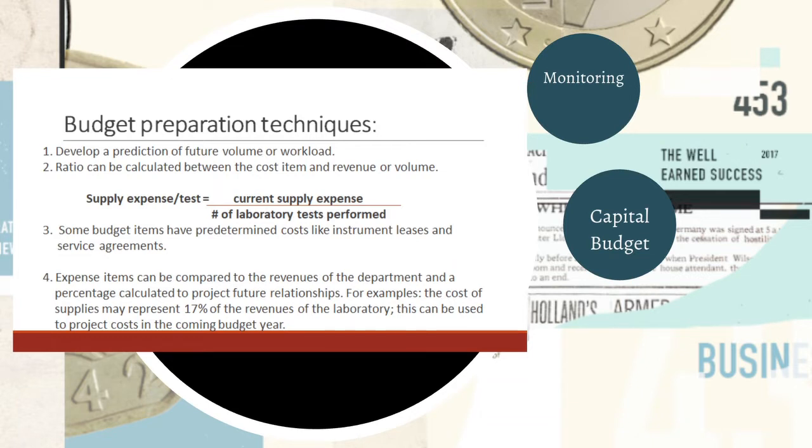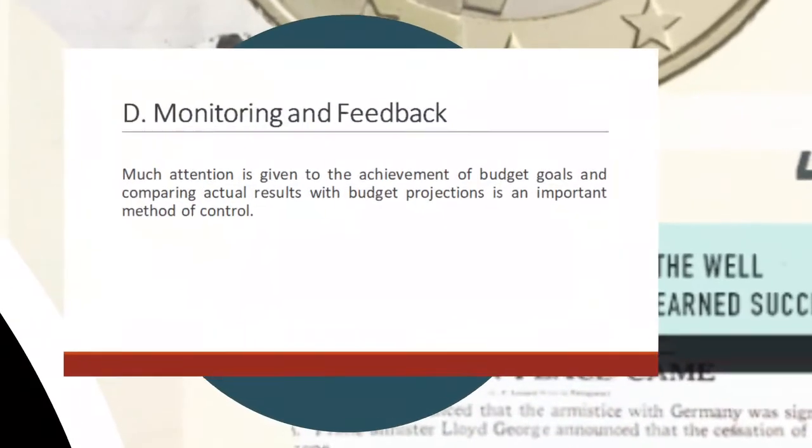And some budget items have predetermined costs like instrument leases and service agreements. And expense items can be compared to the revenues of the department and a percentage calculated to project future relationships. For example, the cost of supplies may represent 17% of the revenues of the laboratory. This can be used to project cost in the coming budget year.